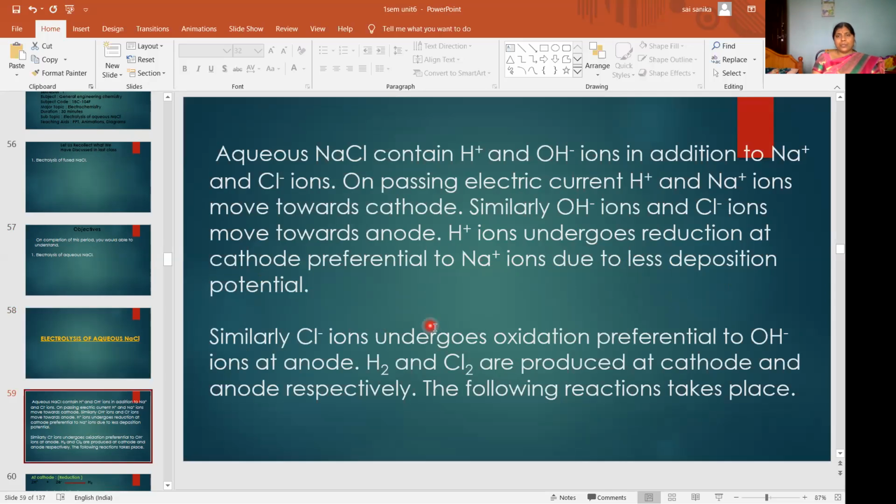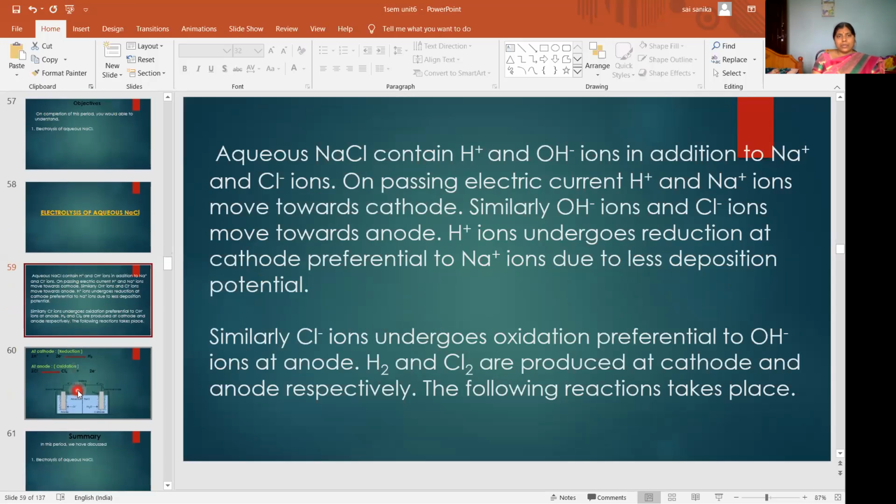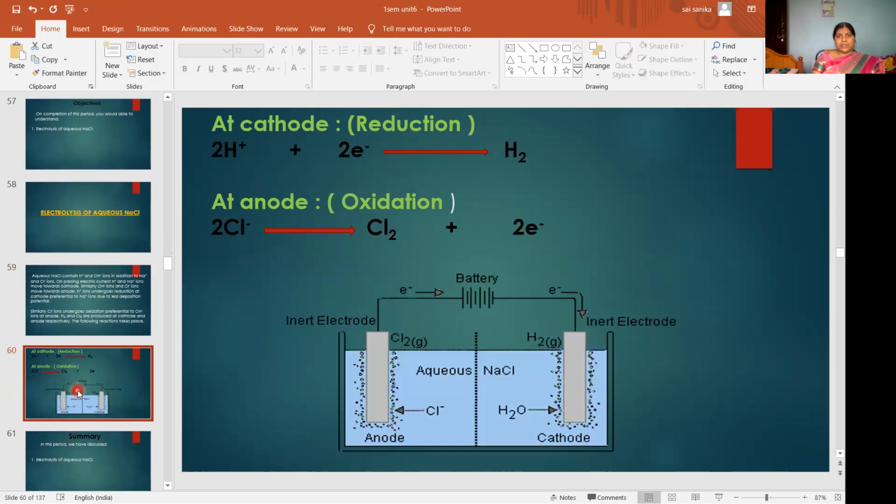To do electrolysis, we need an electrolytic cell. In that cell we take aqueous NaCl as electrolyte. Then two rods are dipped and connected to the two poles of the battery.